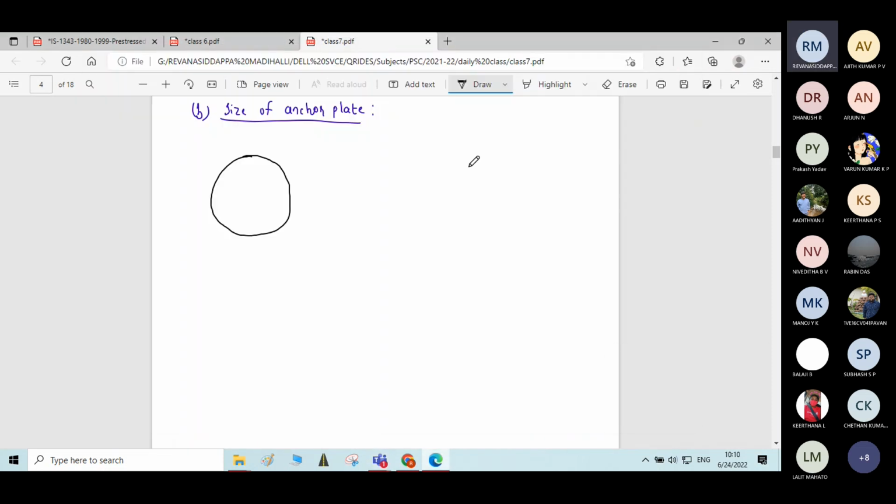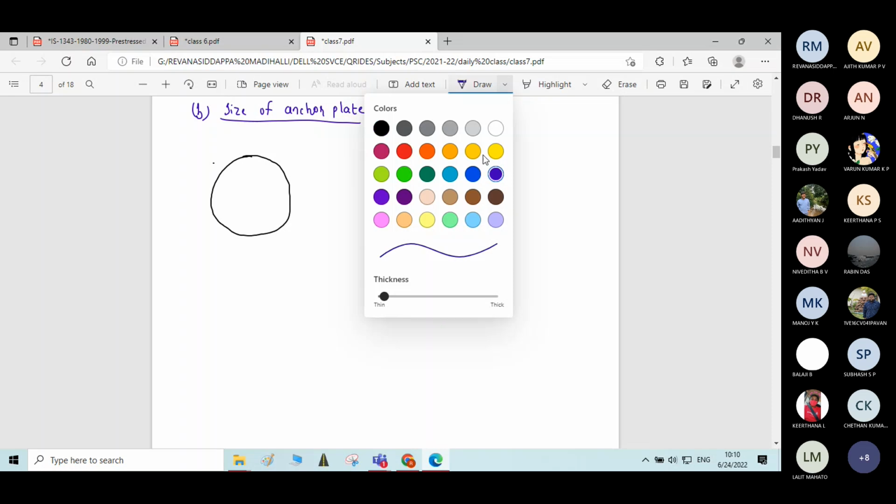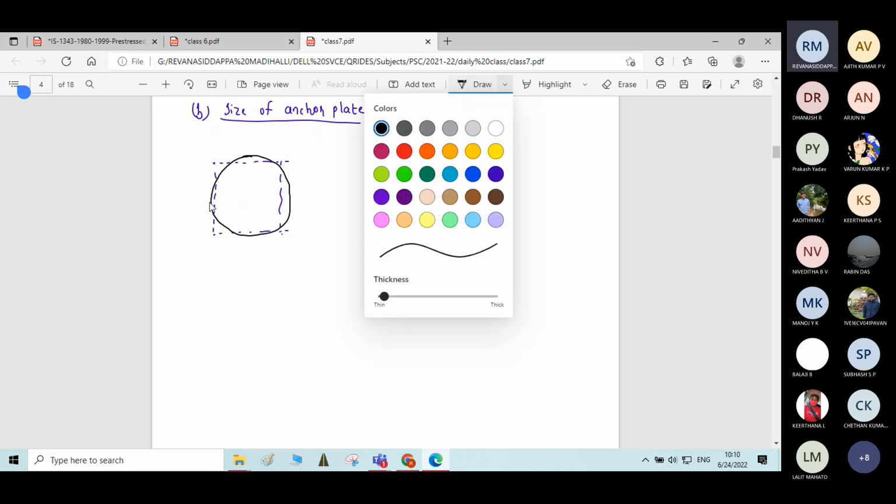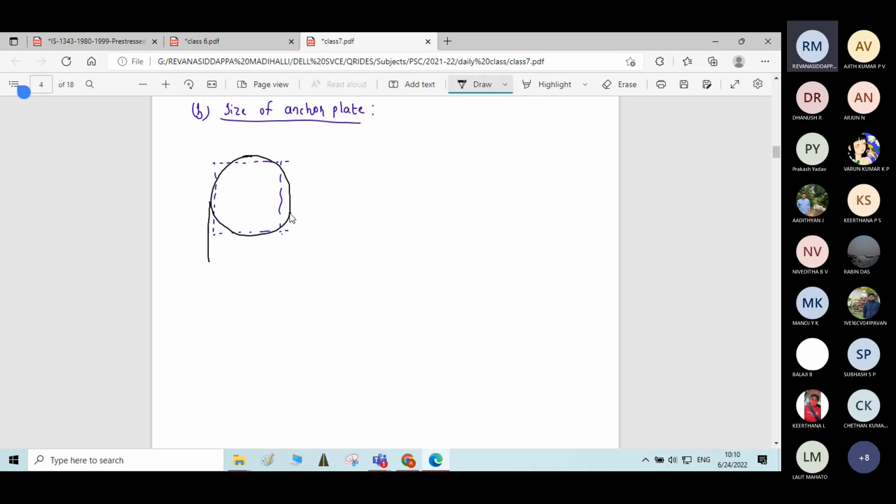Continue the class. So we'll find an equivalent size of a square plate. The diameter of the Freyssinet cable is given as 100 mm.